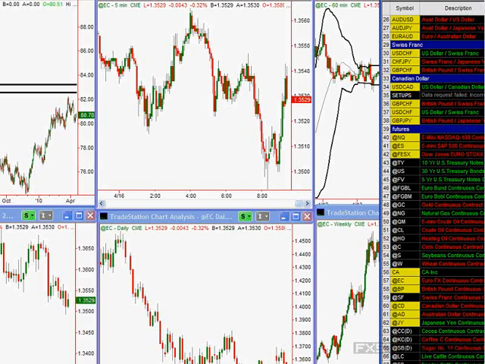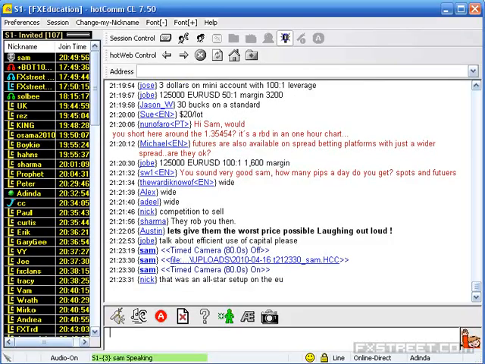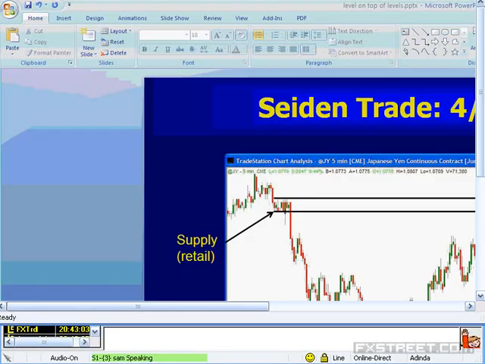So now how do we trade these things? Let me get back to the charts that I've captured for you here. Now what I did was I just took some pictures of some recent currency trades that I've done, and hopefully this will help you.